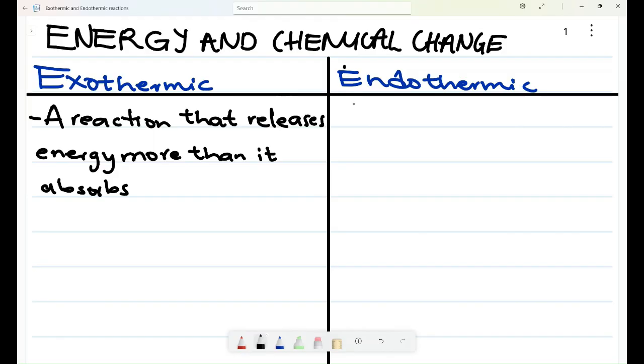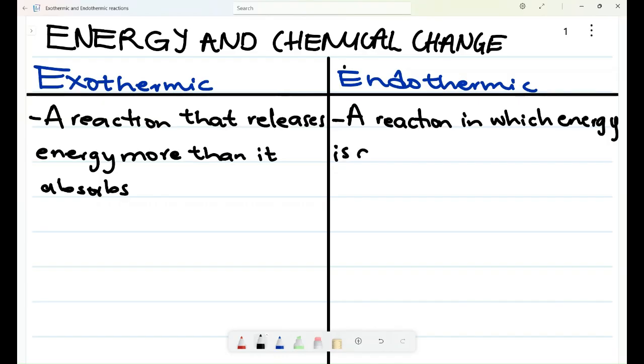For an endothermic reaction, we are saying it is vice versa. It is a reaction in which energy is absorbed more than it is released.